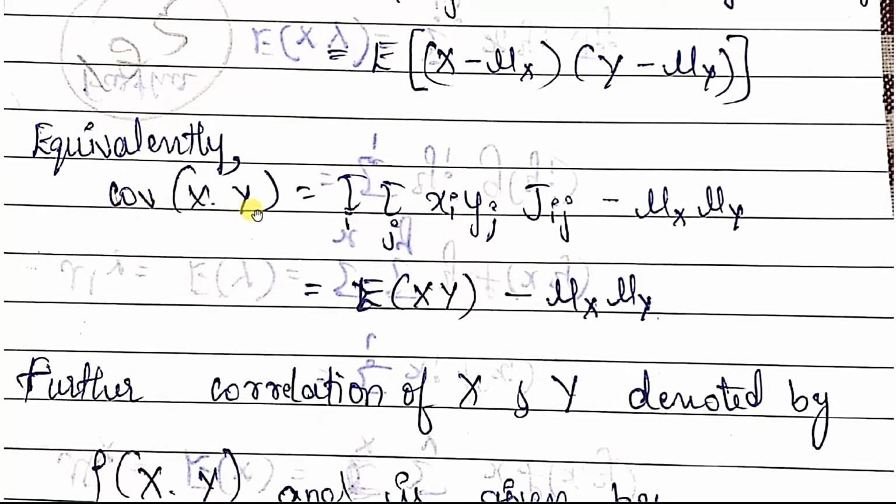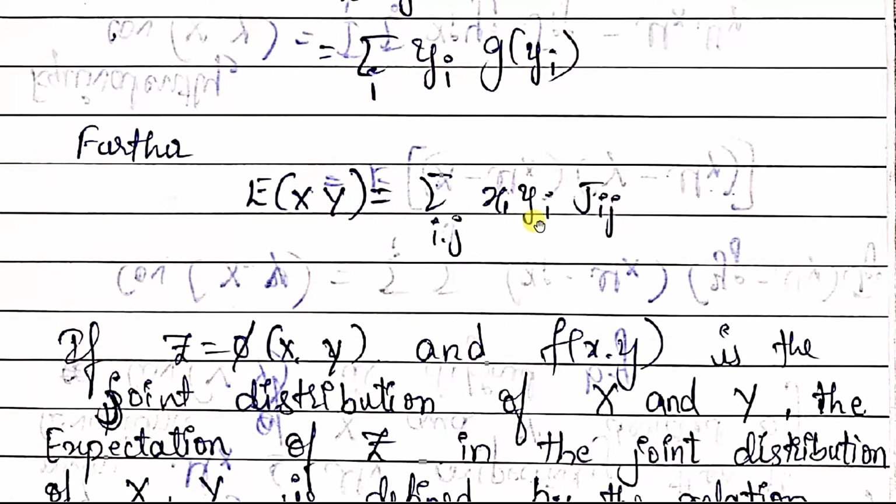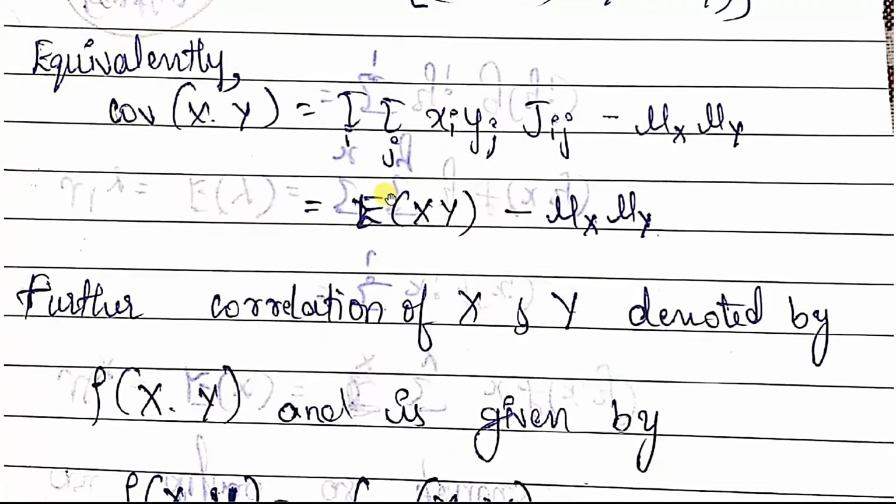Expectation of xy, that is summation i comma j x_i y_j f_ij, we have to find and substitute here, minus mu x mu y, that is expectation of x, expectation of y. So if we find these things and substitute here, then we can find covariance of xy.